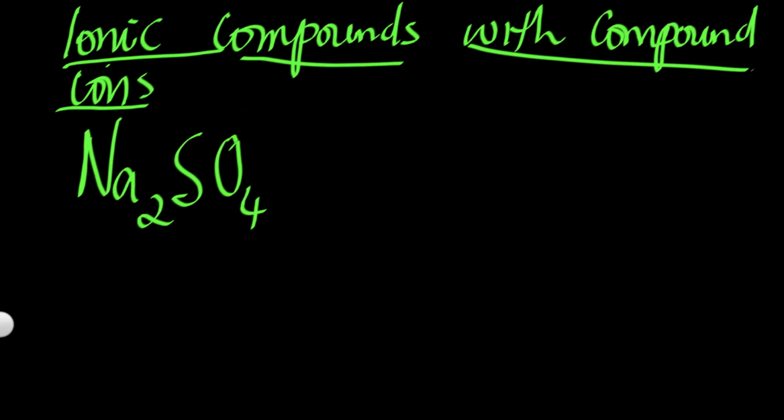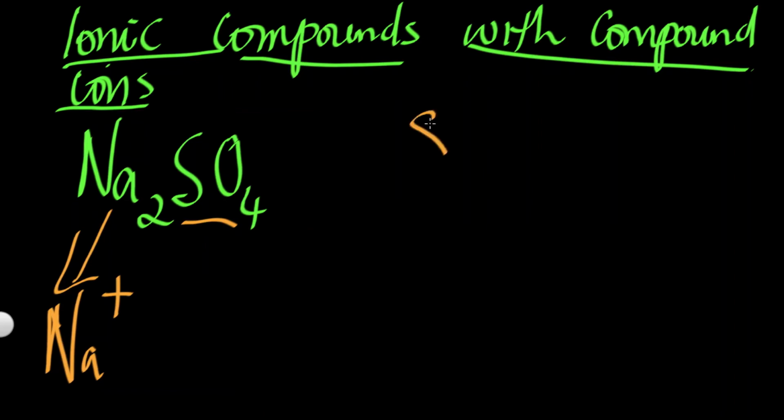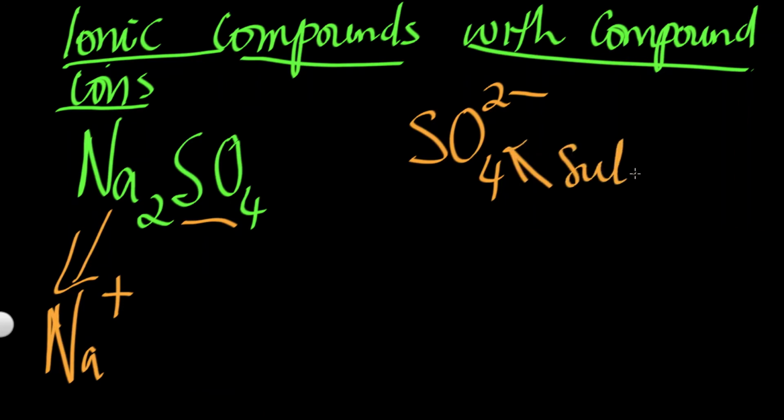But if I split it up into the constituent ions here, this part here is Na+. The positive sodium ions, we have two of them, and the other part, the S and the O, move together. We call this SO4 2-. We call this the sulfate ion.